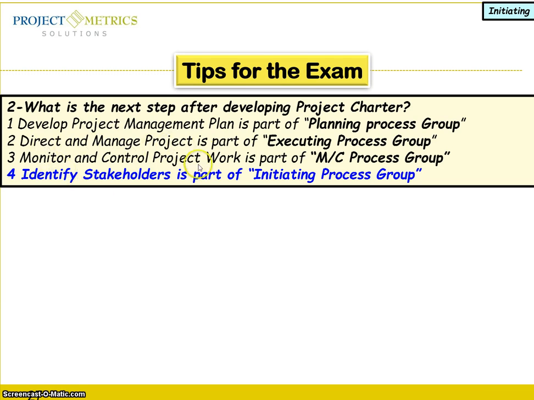Two, direct and manage project work is part of the execution process group. And when you monitor and control the project work, which is part of the monitoring and controlling process group. And then when you identify stakeholders, which is part of the initiating. So this is the right answer when you try to look at the questions and try to relate every part of the questions to which part.